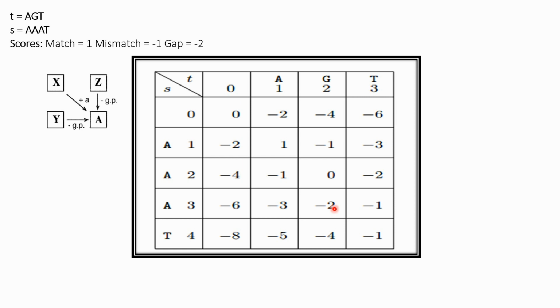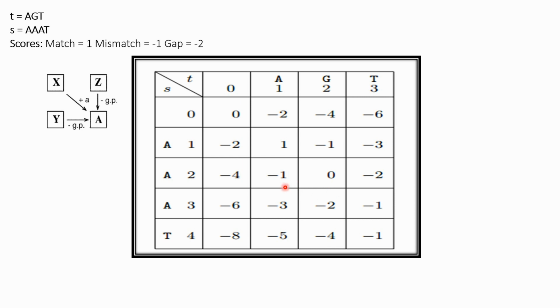Now we move here, it is a mismatch. If we add minus 2, the value of the gap, to this 0, it becomes minus 2. And if we add the value of the mismatch, minus 1 plus minus 1, it becomes minus 2. So this minus 2 is coming from the upper box and this diagonal box.